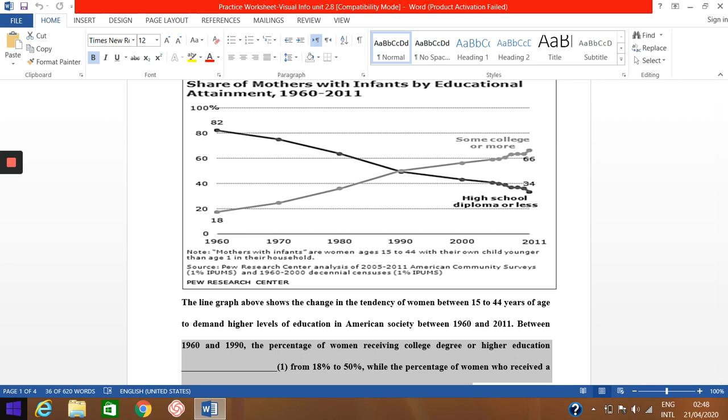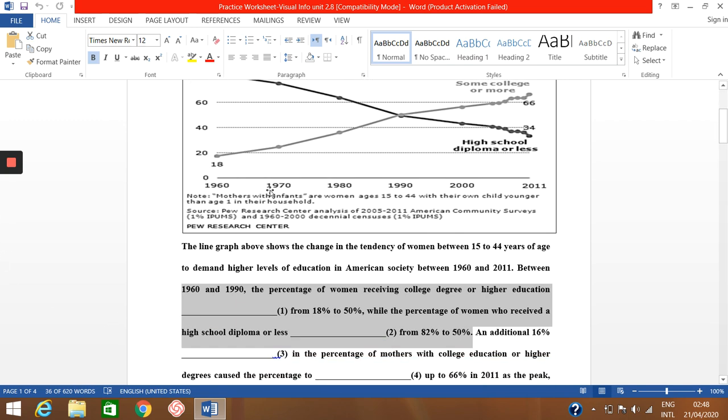But in fact, we don't need to use simple present tense here. If we decide to use any of the verbs that are going to describe this change here, they should be in the past. Why do they have to be in the past? If you want to use increase as a verb, it should be increased. Or if you want to use grow, it should be grew, change the O into E. Or if you want to use rise, you have to use rose.